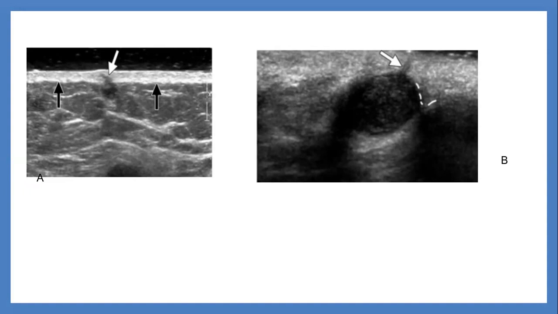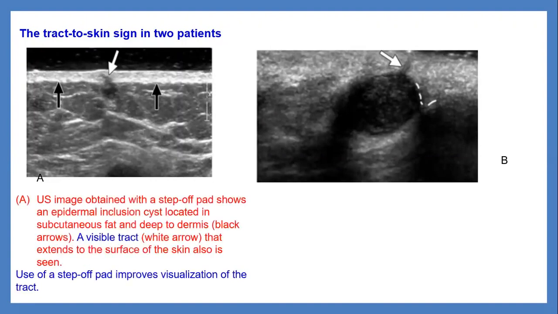With the presence of these hair follicles, the origin is a dermal lesion, either sebaceous cyst or epidermal inclusion cyst. This we call the tract to skin sign.